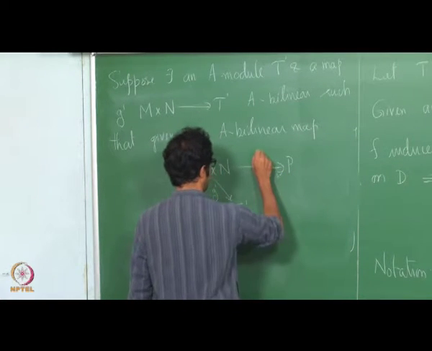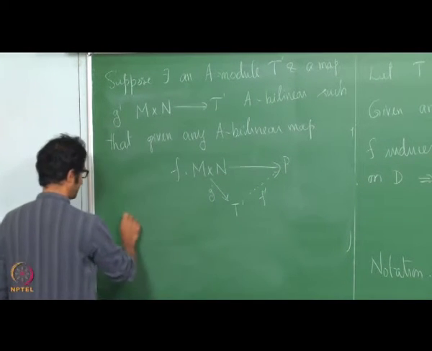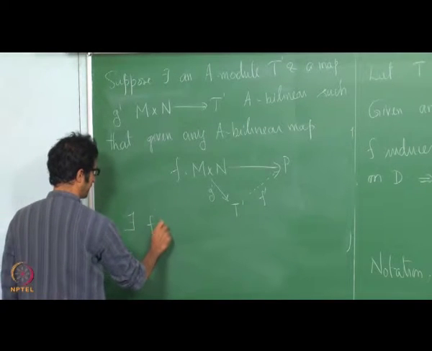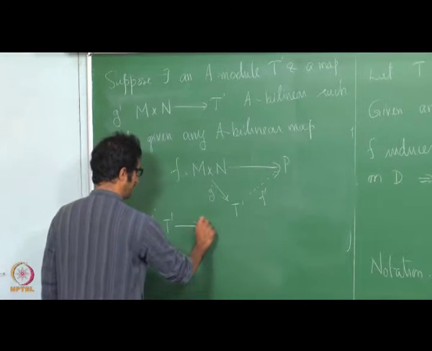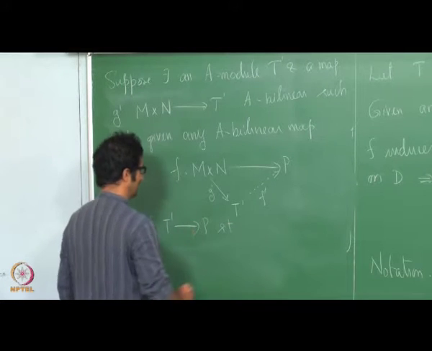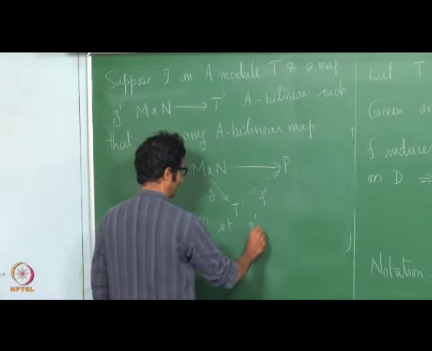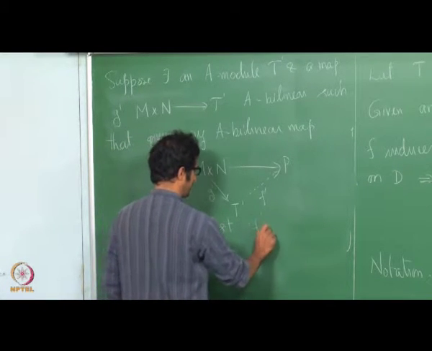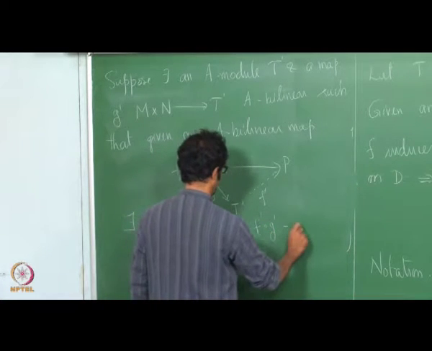So this is F prime. There exists F prime from T prime to P such that F prime composite G prime is equal to F.